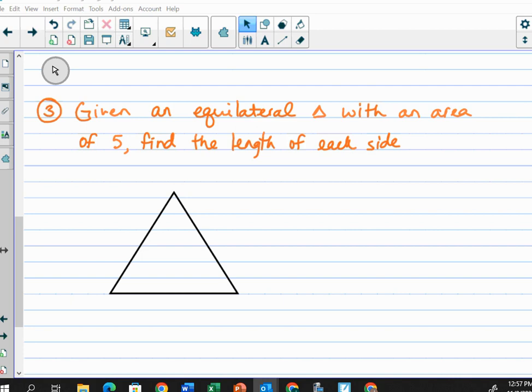I need it in radical form. It's like a radical in a radical. So like that. Not quite. You're on the right track, but not quite.